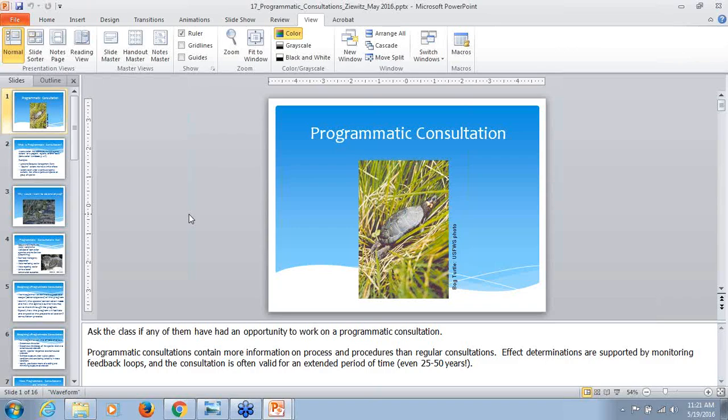Do you consider the Army Corps keys that we use, are those considered to be programmatic? Yeah, they're not really called that, but that's in effect what they are. I think we actually have something called a consultation on the standard local operating procedures for endangered species with the Corps, and those keys come out of that sometimes.